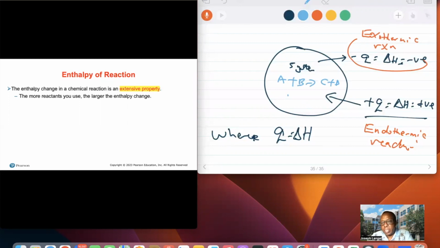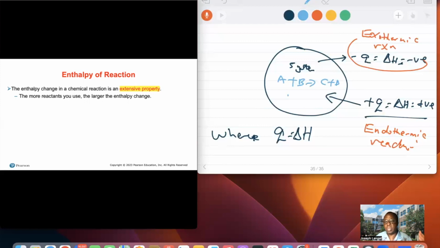We defined extensive and intensive properties way back when we were looking at physical and chemical properties. Some properties are extensive, which means they depend on the amount of substance. For example, volume. I can have 10 mL of H2O, but if I have 5 gallons of water, I'll have a larger volume.